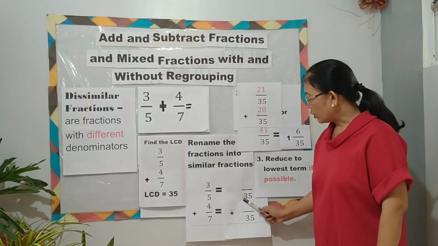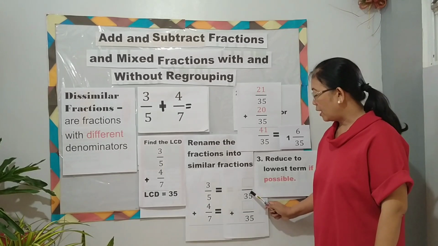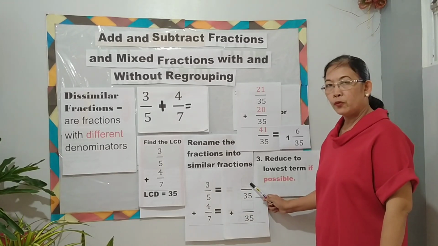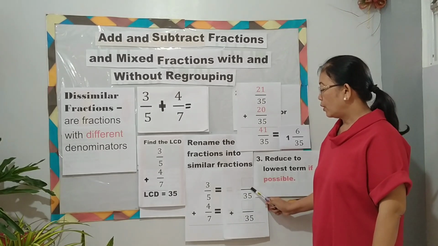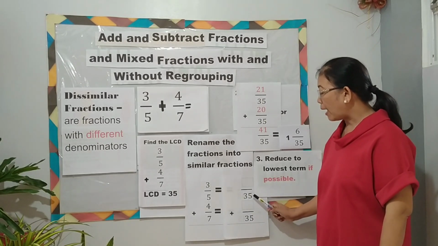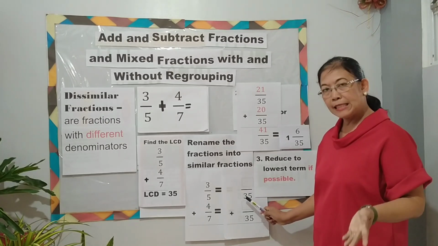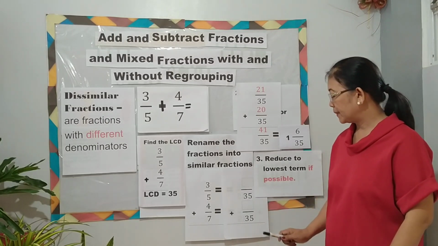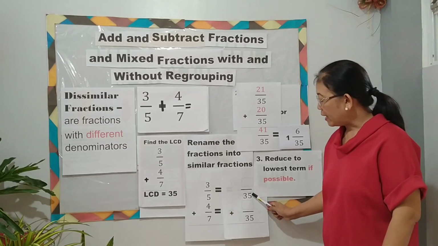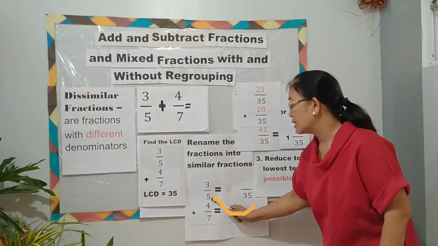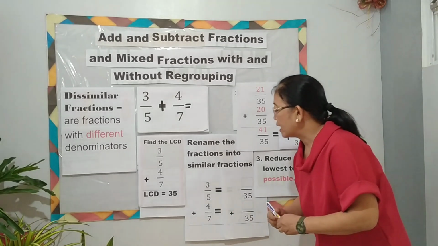So here, you're going to write 35 as your denominator. Then we're going to look for the numerators of these two fractions by using 35 as our least common denominator. So 35 divided by 5 is 7. You will get 7 here.